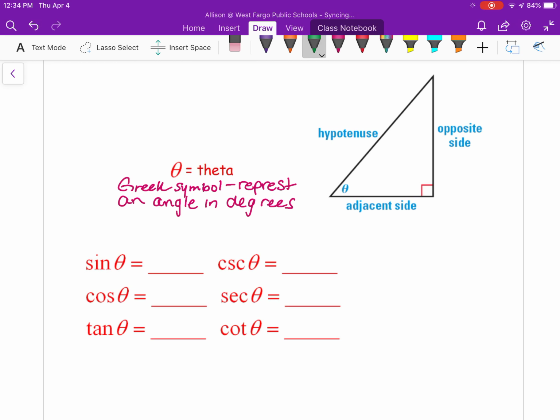So now we're going to look at the ratios. If we look at a right triangle, what are the ratios of these trig functions? And you might have heard this acronym before. We use Sohcahtoa. It helps us remember the ratios of the sine, cosine, tangent functions.